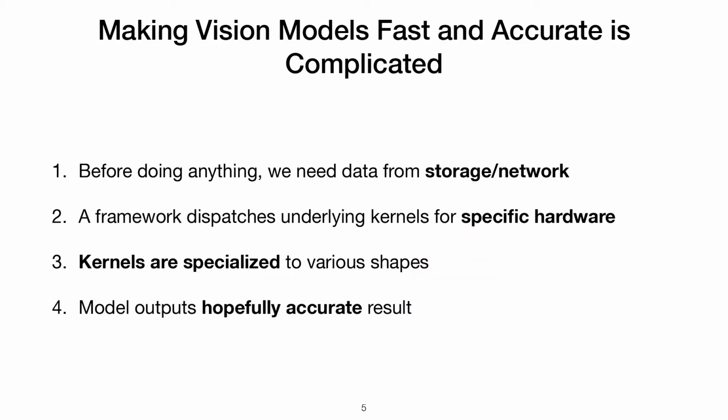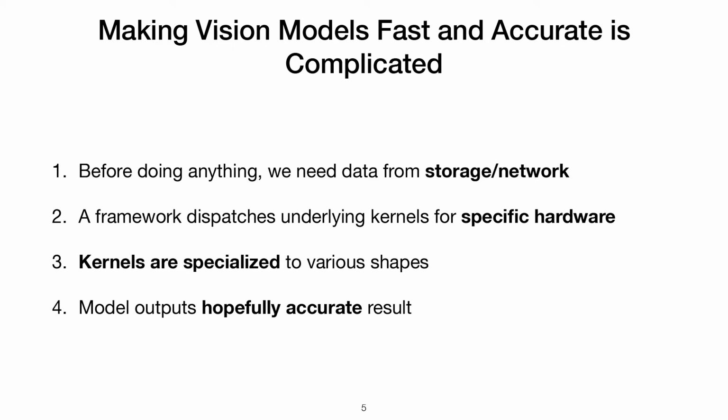From this glimpse of the issues arising from the scale-resolution relationship, we can see how resolution can have intricate effects on the model's accuracy. But it gets even more complicated if we consider how resolution affects other components of the hardware-software stack. First, we need to store or receive the input data, which scales with image resolution. At the level of the framework, high-performance numerical libraries are needed to support different hardware targets such as CPUs, GPUs, and other accelerators.